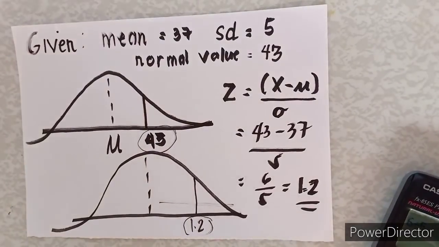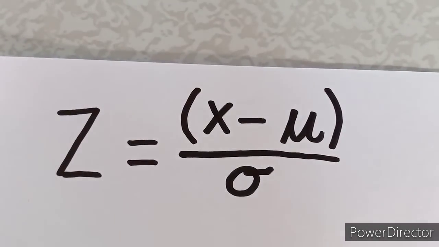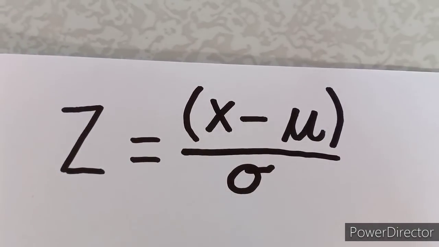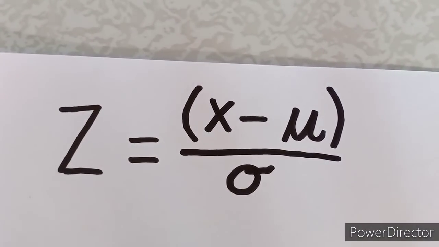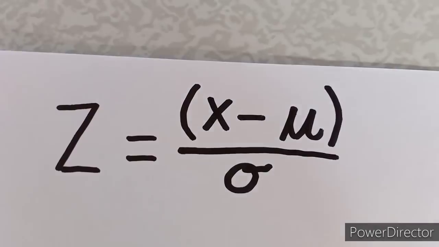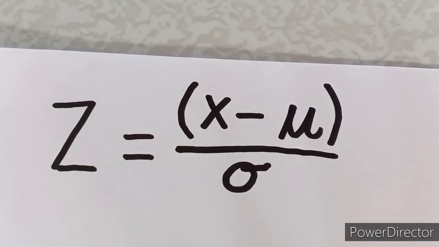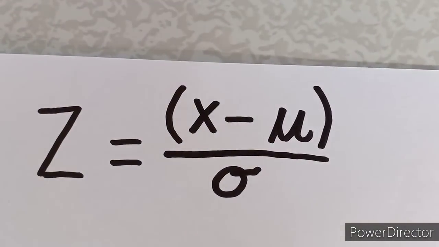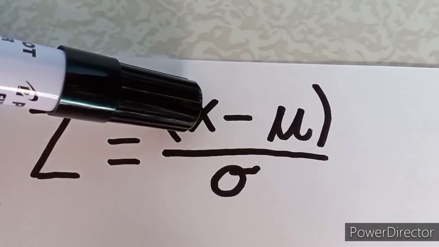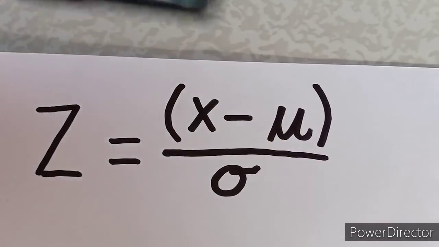It is very easy kung ang nawawala is si z-score. Kung ang ating hinahanap is si z-score, gagamitin lang natin ating formula, then substitution, then pak na pak, jackpot na. What if ang nawawala is si standard deviation, or ang nawawala ay si ating normal value or ang nawawala ay ang ating mean?